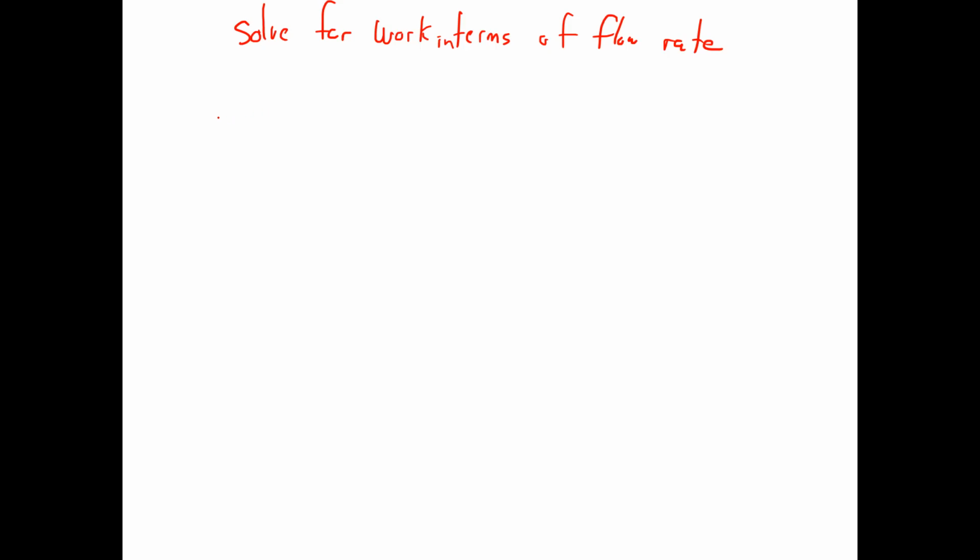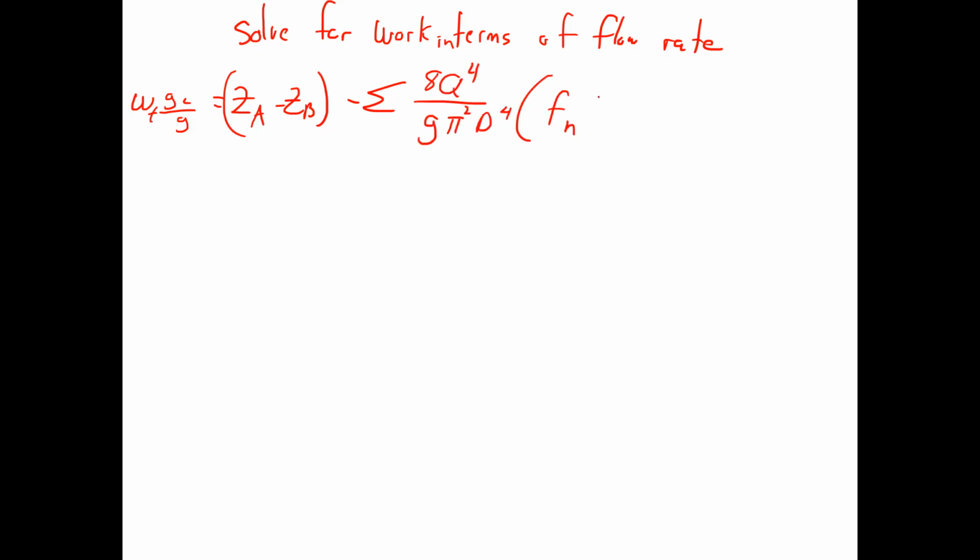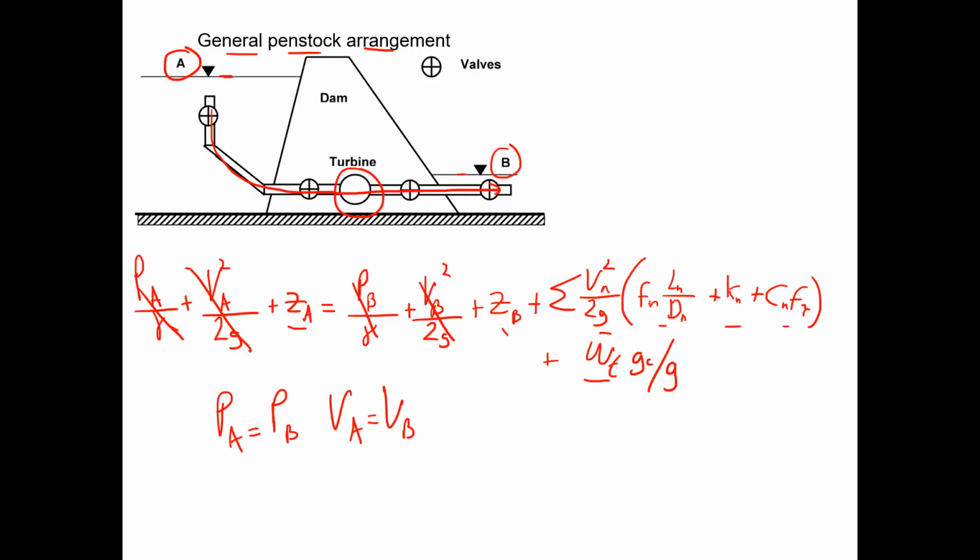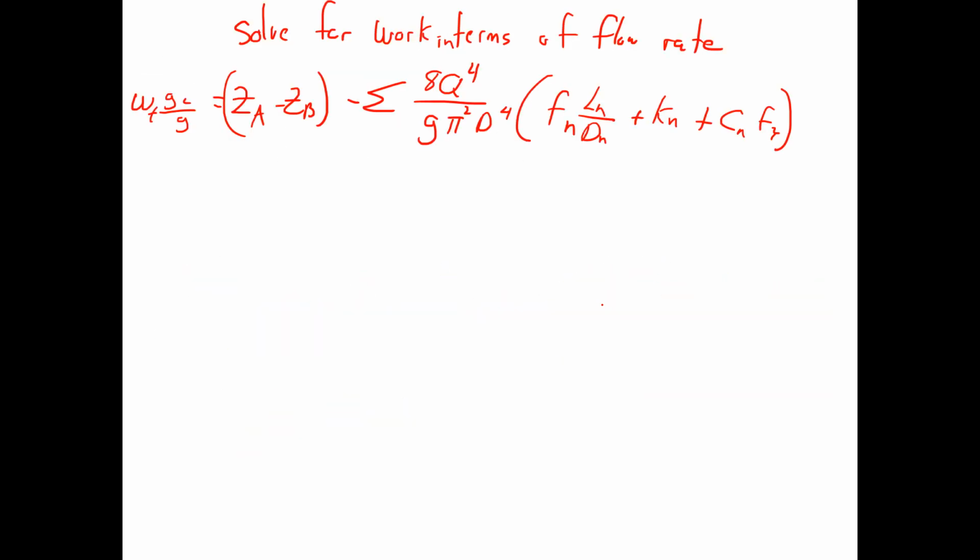If I do that, I get the following. Okay, so now this is how the equation reduces. Again, what we did was put it in terms of flow rate, so some of the terms changed. The velocity term from the prior slide got converted into flow rate.